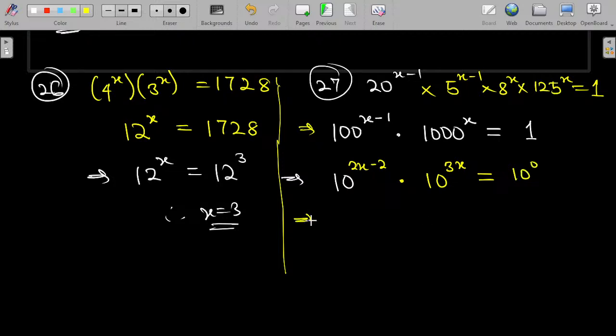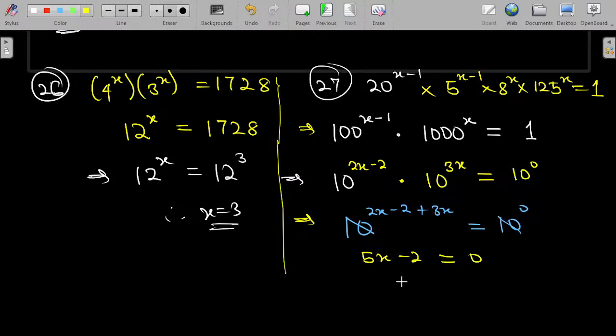Okay, so that is going to give us a very beautiful thing. In multiplication, the base is 10, so we add. So you have 2x minus 2 plus 3x is equal to 10 to the power 0. And so equal bases will disappear, and we have 2x plus 3x is 5x, minus 2 is equal to 0.